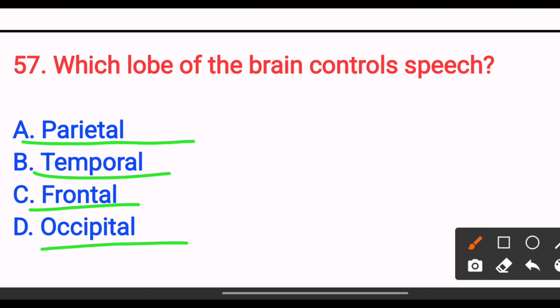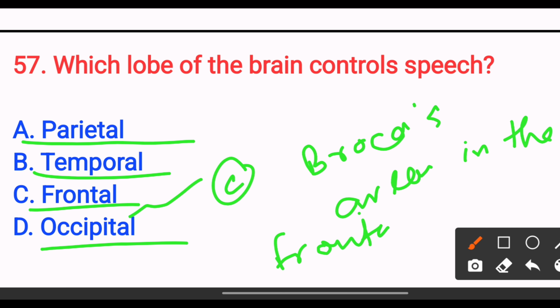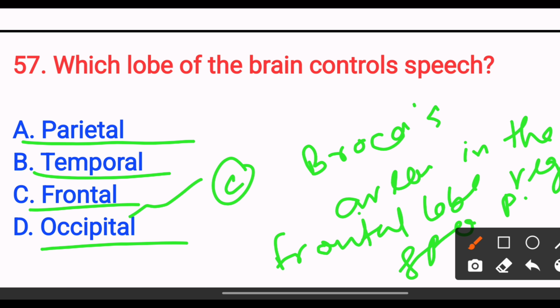The answer is option C, frontal, because Broca's area in the frontal lobe regulates speech production, and damage causes expressive aphasia. So the answer is option C, frontal lobe, Broca's area.